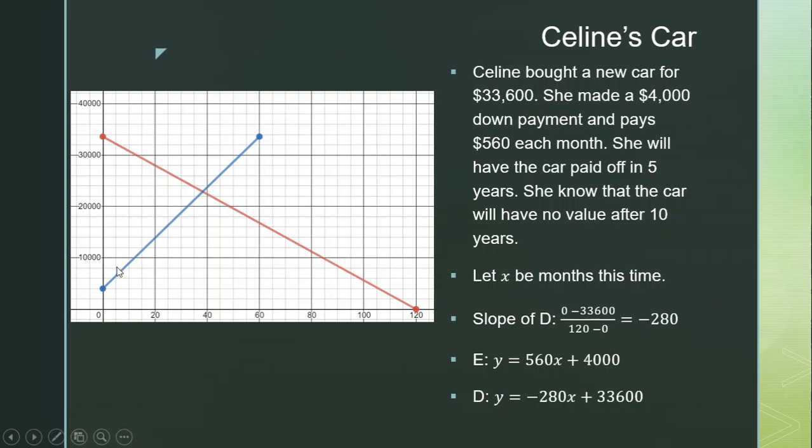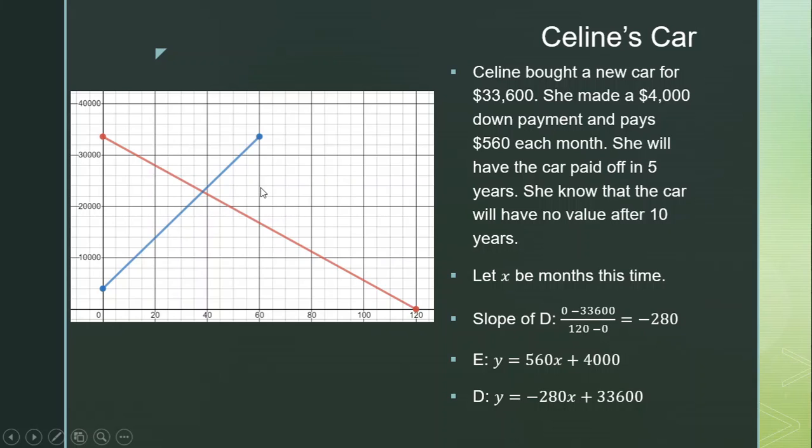Over here, the blue line, we're starting at $4,000 at zero because we put a $4,000 down payment in, and then every month we're going up $560 until finally we've got it paid off, meaning we've paid in $33,600.